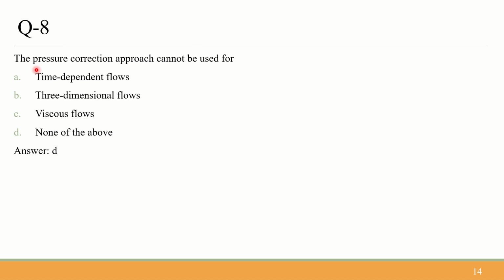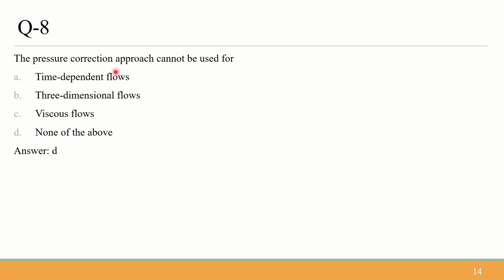Like in the stream function vorticity approach also, we were only dealing with the transient problems, not the steady problems. Similar to that, pressure correction approach can be used for time dependent flows as well.